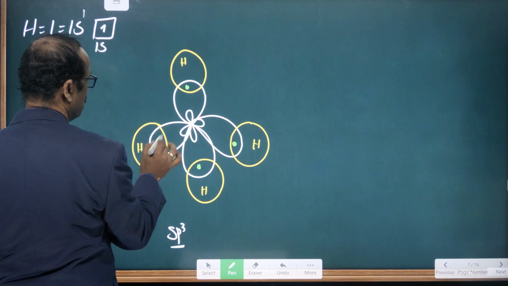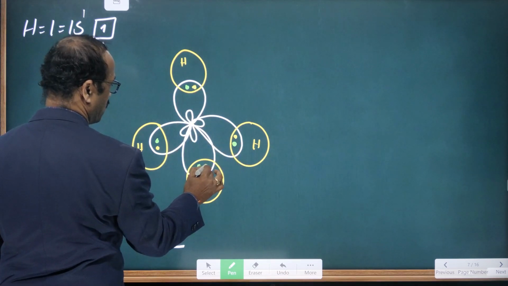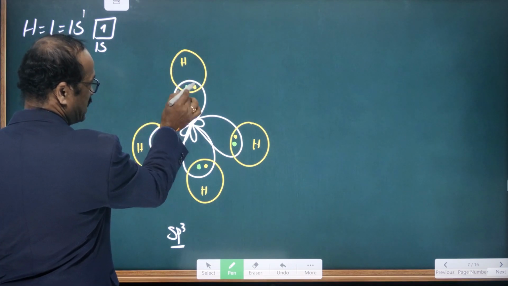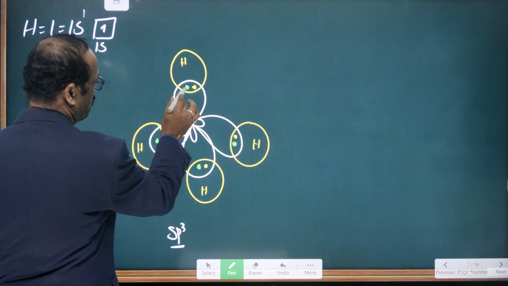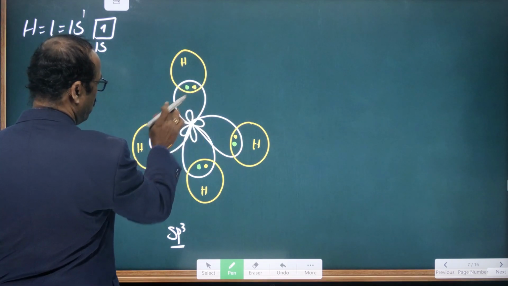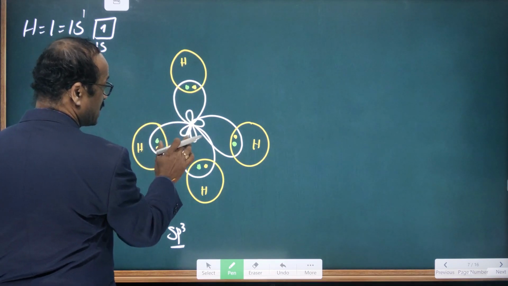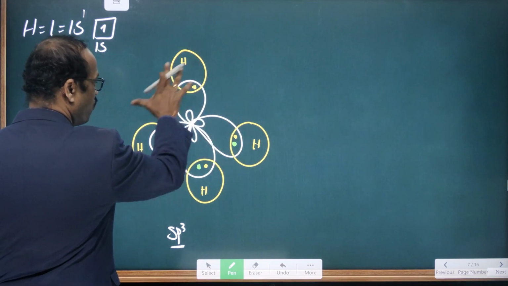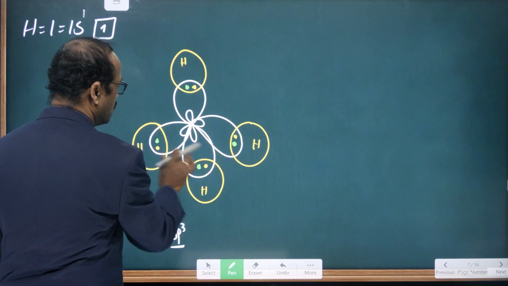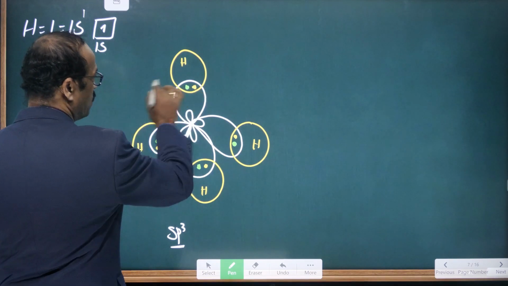This hydrogen is providing 1 electron, in yellow color, and the carbon is providing 1 electron, in green color. Like this, carbon provides 4 electrons and the 4 hydrogens are providing 1 electron each. Now they are sharing these 2 electrons. Clear to you? So both are sharing 2 electrons.